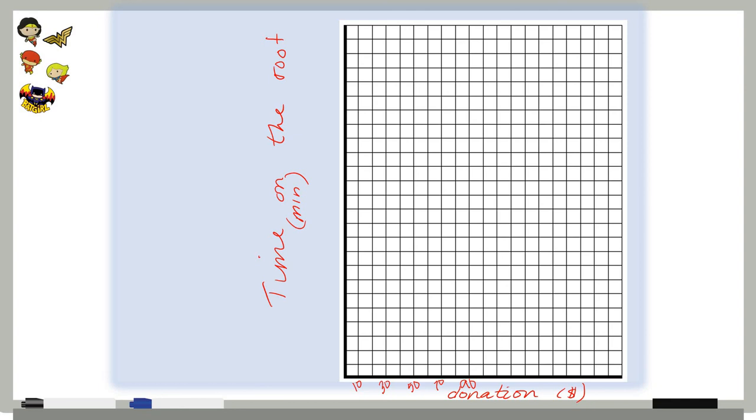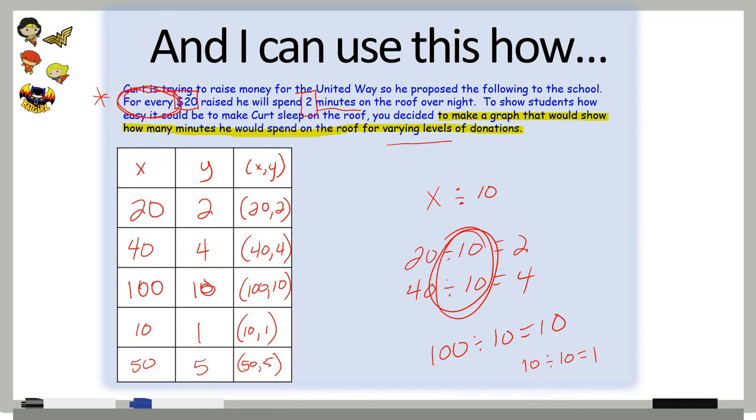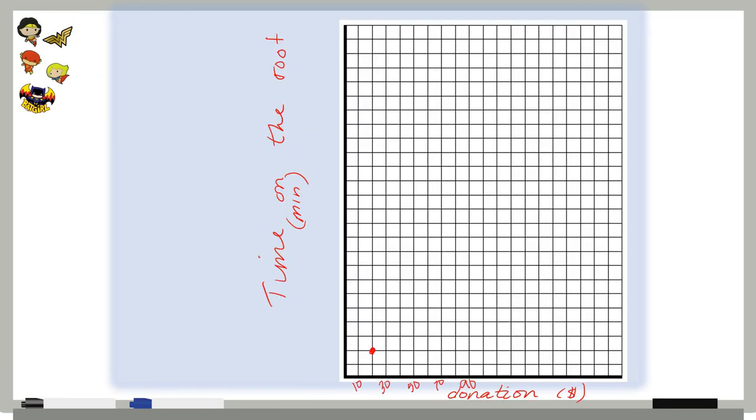So I know the first one that I said was that if I gave $20, he would spend 2 minutes on the roof. So over to 20, up to 2. And then I'm going to go back and take a look. Oh yes, if I doubled it, so if we went to $40, that meant 4 minutes on the roof.